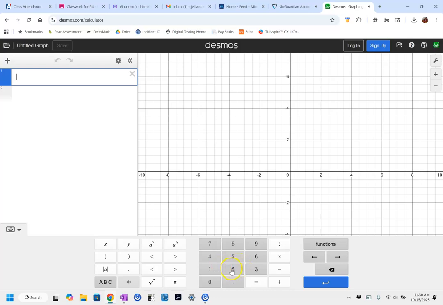If I use the keypad, I can put 2/3. I'm going to press the right arrow key to go to the right of that. It's supposed to be x to the third, so I'm going to type in x to the power of, the third, or you can use a caret symbol, which is usually shift 6, that makes it a power.